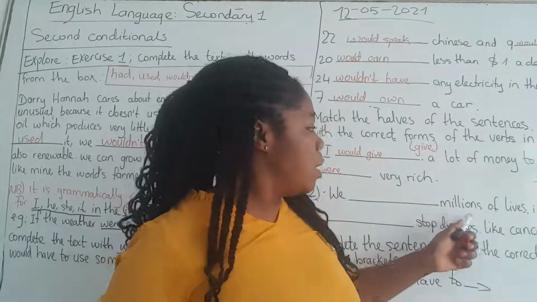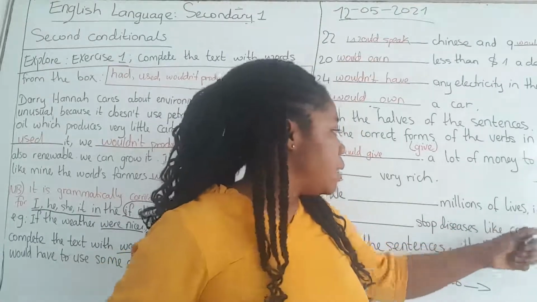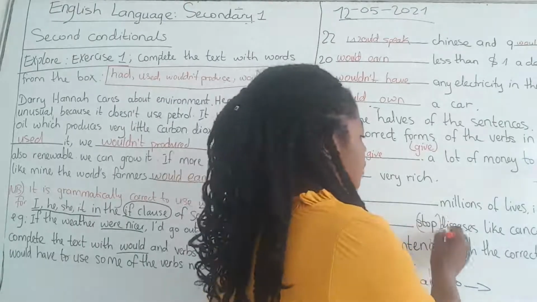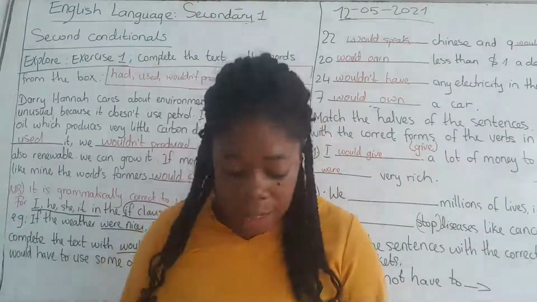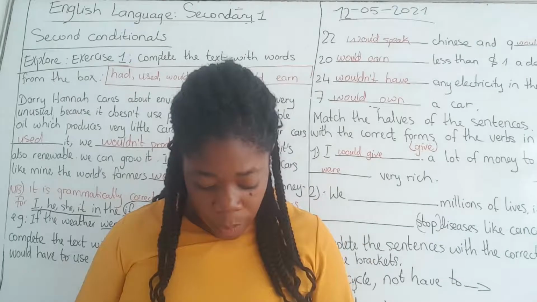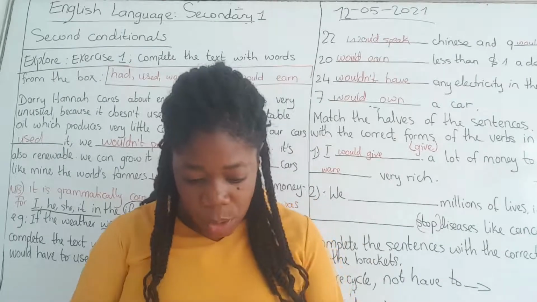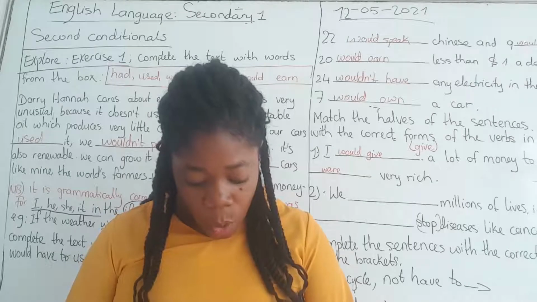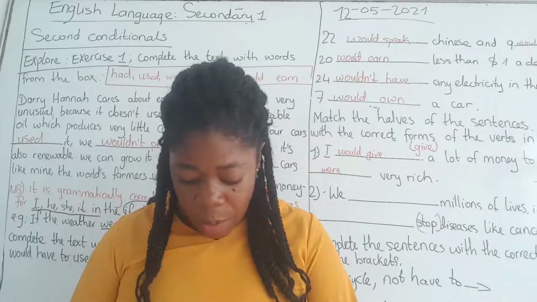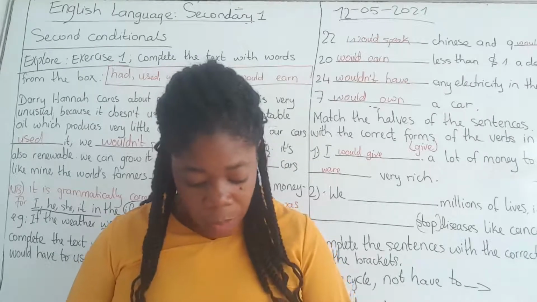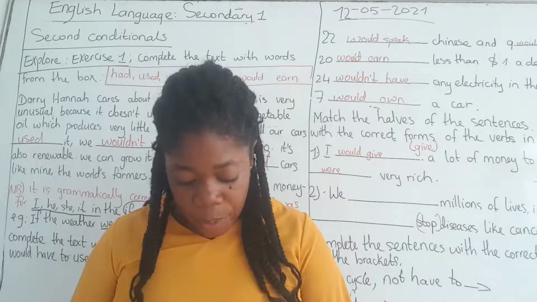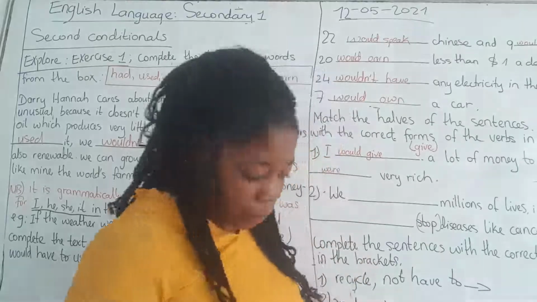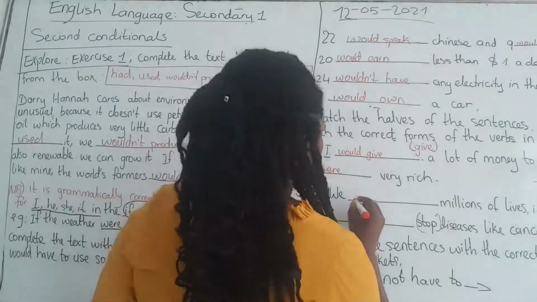Next. We blank millions of lives if scientists blank stop diseases like cancer. We have to match it to sentence A. We would save millions of lives if scientists were able to stop diseases like cancer.